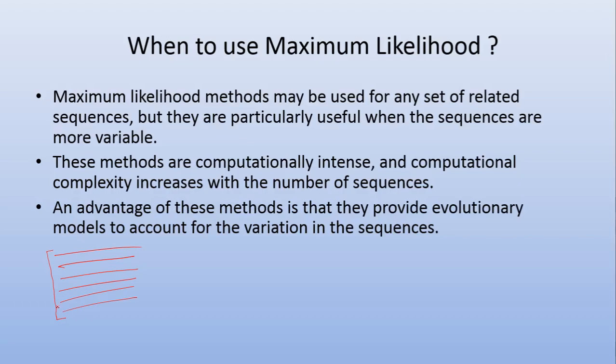If the sequences are quite variable, that is, they don't share much conservation in their sequence, this is the particular case when you would use the maximum likelihood method. So it is particularly useful when the sequences are more variable.